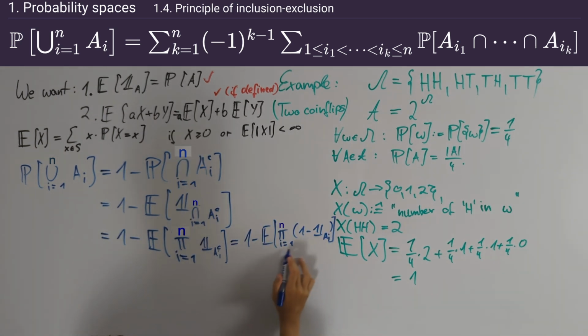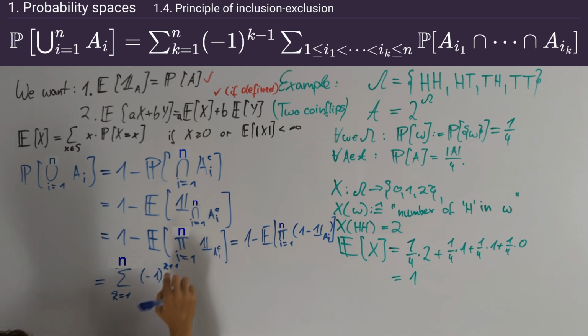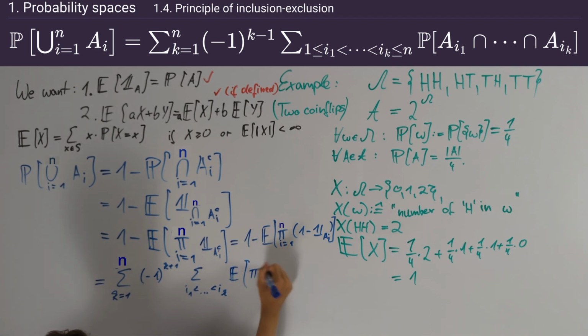We can multiply this out and use linearity of expectation to conclude that this is equal to the sum over k of minus 1 to the power of k plus 1, because we have this minus sign here, and then the sum over i_1 less than up to i_k of the expectation of the product over j going from 1 to k of the indicator of A_{i_j}.